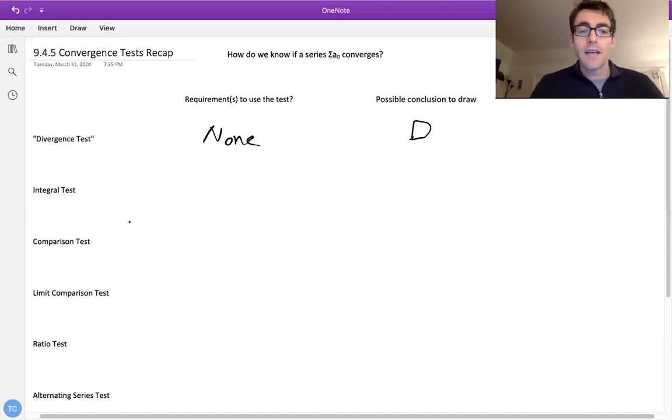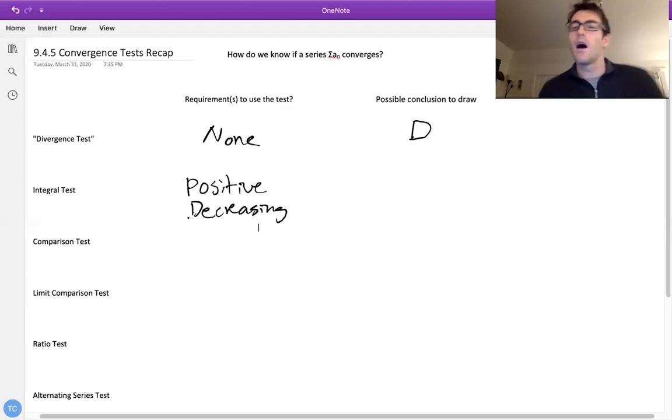Okay, so the integral test. This is a test we can use if our sequence is positive and decreasing. And so if we're in a situation like this, something like 1 over n or 1 over n squared are two examples we've seen, then rather than talking about this as a series, we can think of it as an integral.